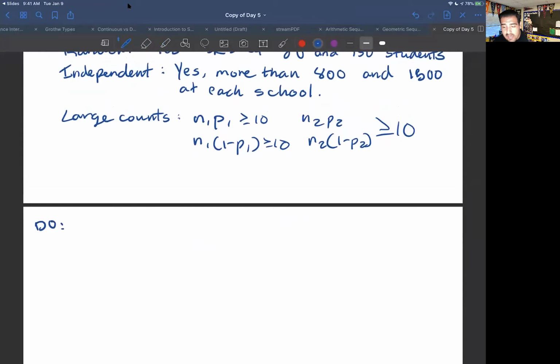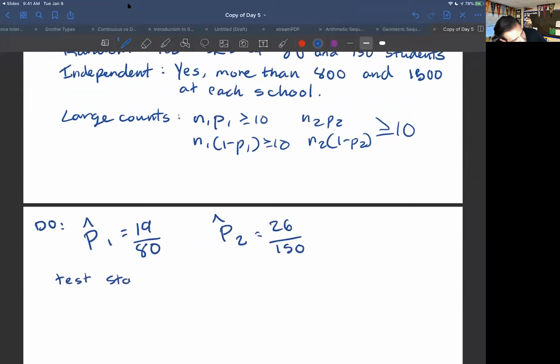Right, I know that for my first school, 19 out of the 80 didn't eat breakfast. And I know for my second school that 26 out of the 150 didn't eat breakfast. So when I want to find the test statistic, you do want to write down the test statistic.